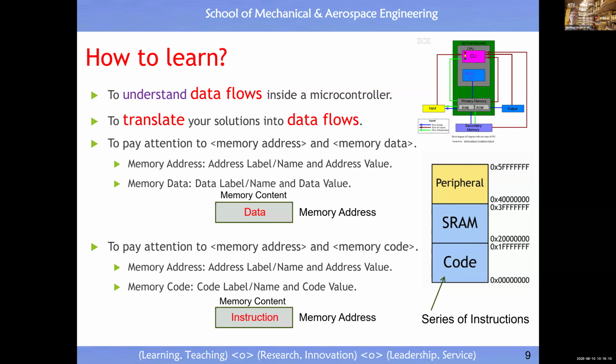So for each data, you have three pieces of knowledge: the address of the data, the physical value of the data, and the conceptual meaning of the data.